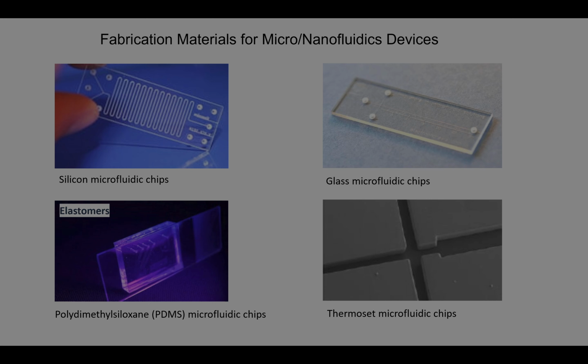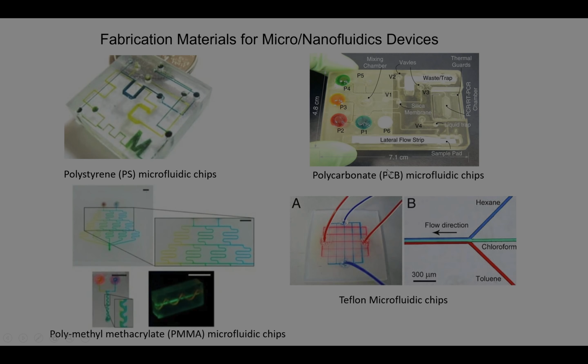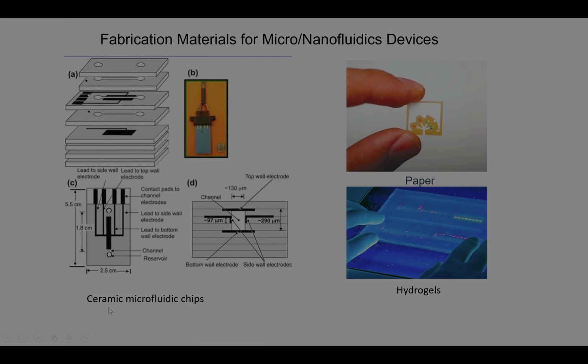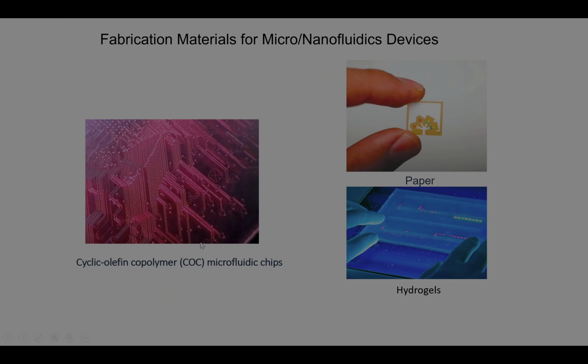Here I'm showing the different materials that can be used for microfluidic device fabrication: silicon microfluidic chips, glass microfluidic chips, PDMS, thermoset, polystyrene, polycarbonate, polymethyl methacrylate, Teflon, ceramic, paper, elastomers, cyclic olefin copolymer, COC.